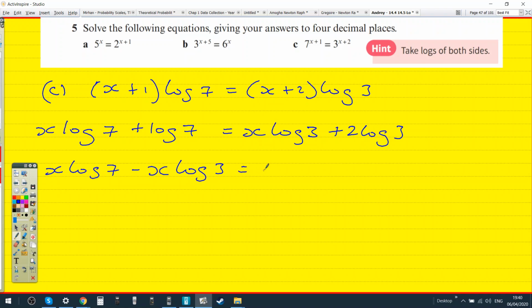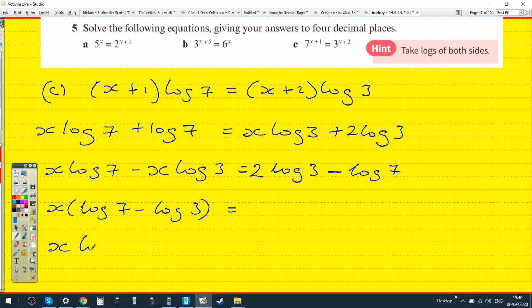And then factorize the x's, so it'll be x log 7 over 3 is equal to 2 log 3 minus log 7. And then could I just do x is equal to 2 log 3 minus log 7 divided by log 7 over 3?